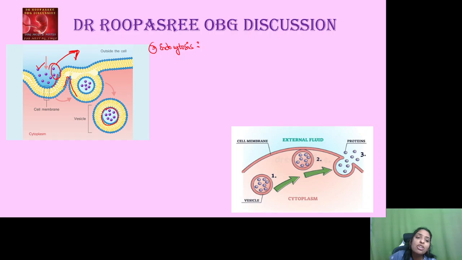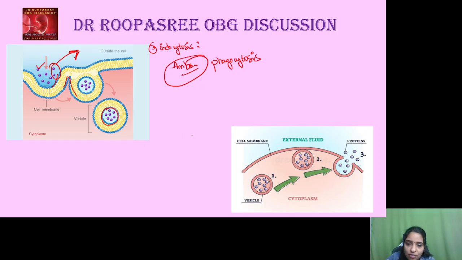This is the process of endocytosis. Mostly amoeba takes its nutrition through this process only, phagocytosis. So this is the process of endocytosis. It forms a vesicle.